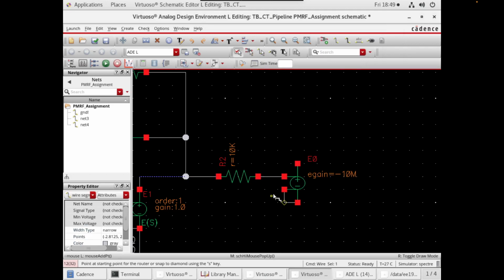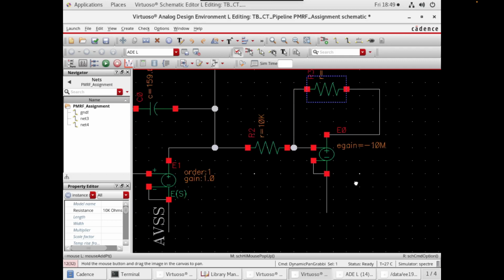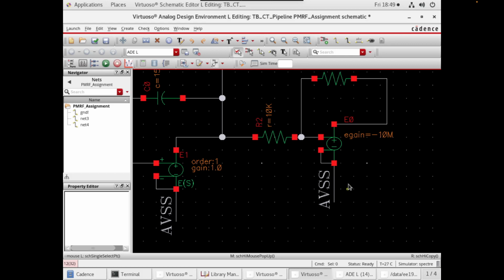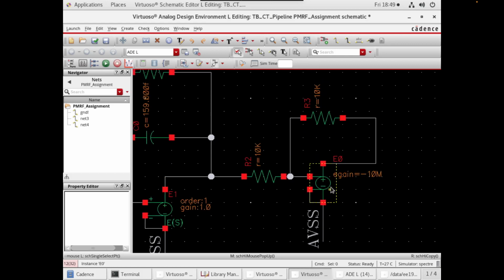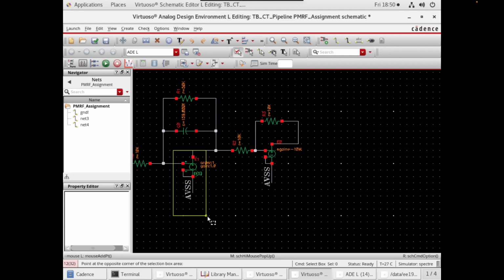So you guys are able to see my screen, right? Yes, sir. Okay, now we have the second op-amp.